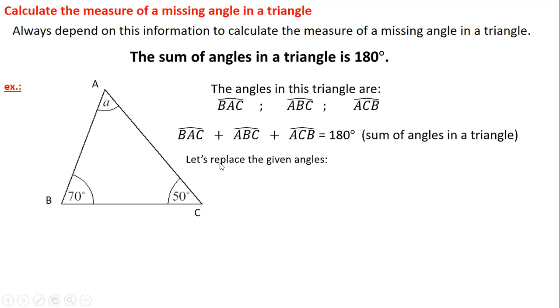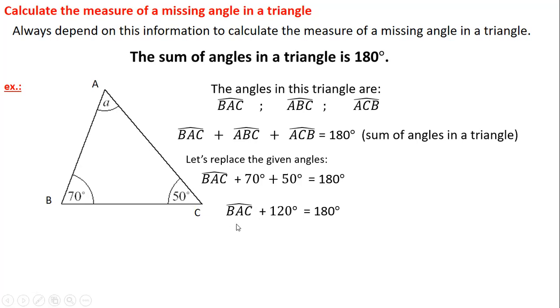So here in the second step, I replace the given angles, and the missing angle, I leave it as it is. Now 70 degrees plus 50 degrees is 120 degrees. So I leave angle BAC plus 120 degrees equal to 180 degrees.